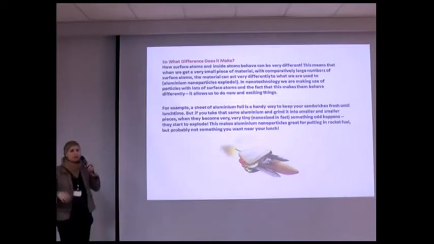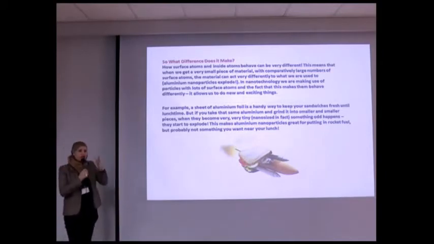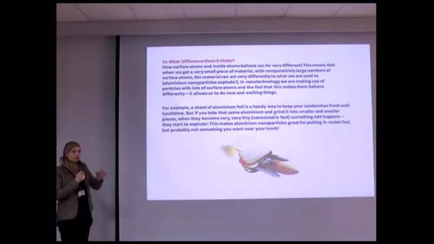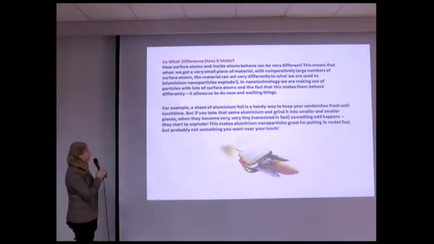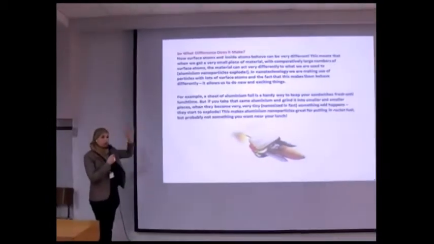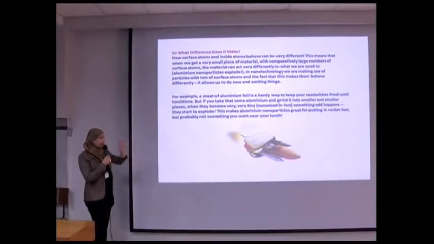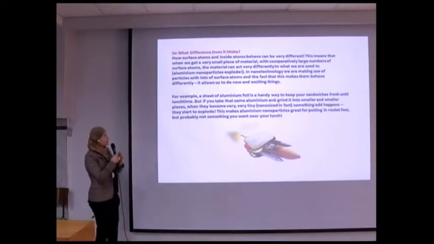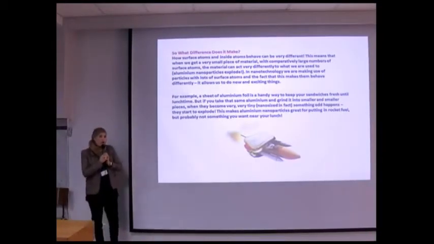They start to explode. The same material, just cut into particles with a nanometer size. This makes aluminum nanoparticles great for putting in rocket fuels, okay? But probably not something you want near your lunch.